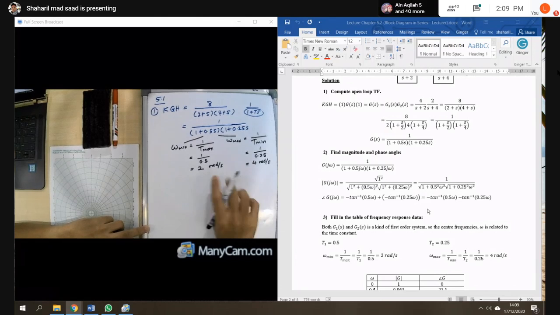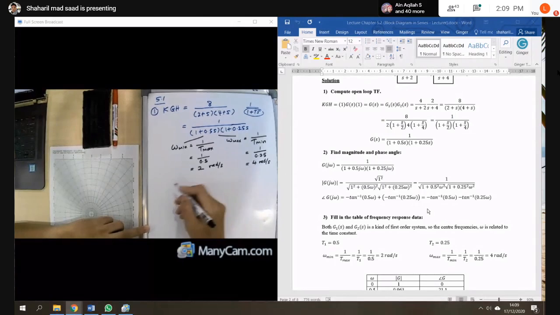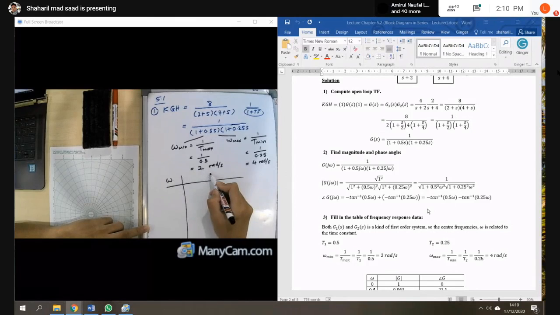Why do we need this value? Because we are going to plot omega from 0 to infinity. So we are going to plot omega here, and then there is KGH here.